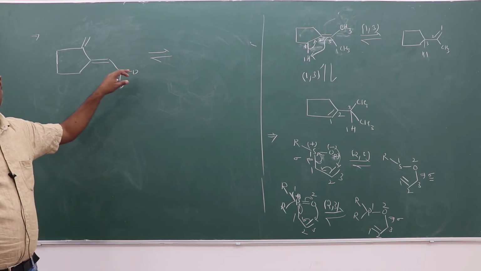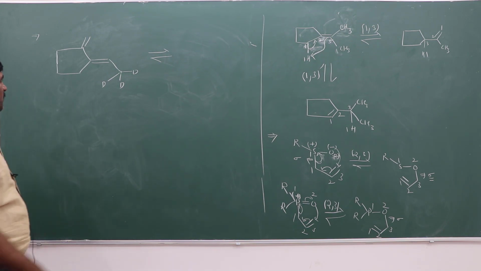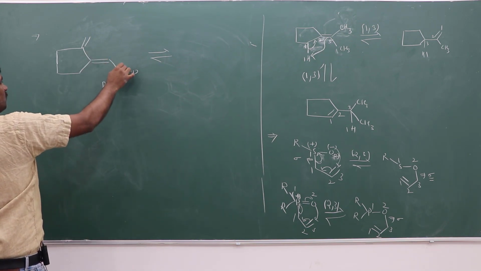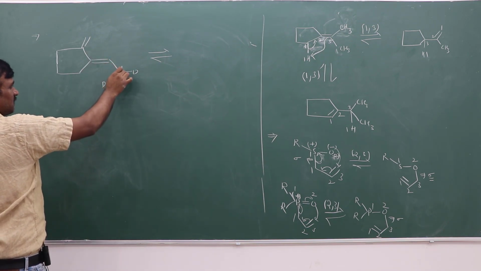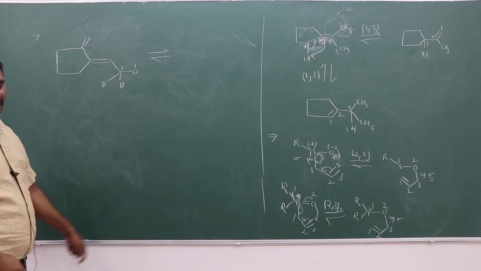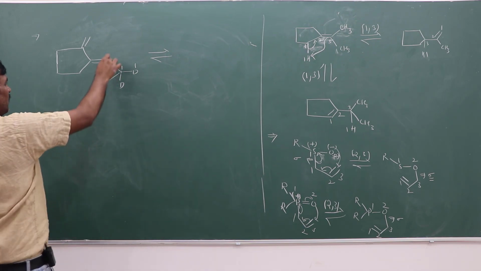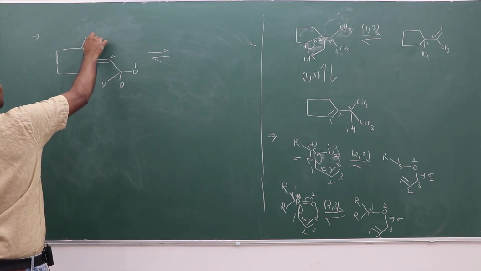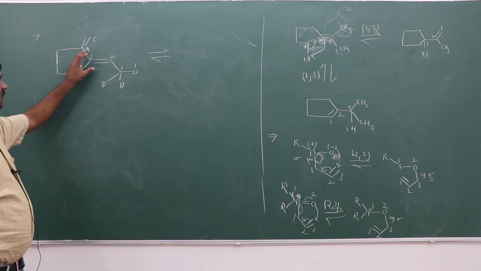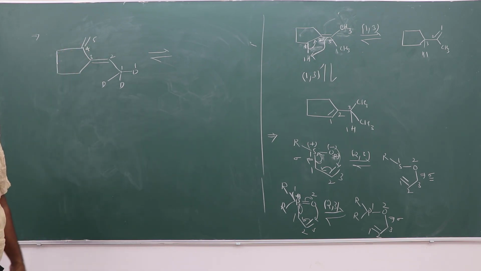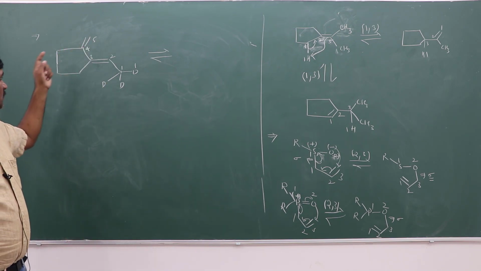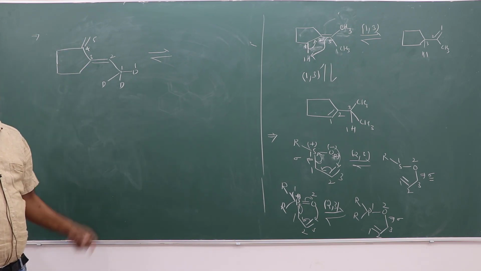Attached groups are there at the saturated position. So if this shift takes place, what will happen? Both ends will be given 1,1 numbering, continuing till the end of the unsaturation. These two are in conjugation, so I can give the numbering till the end of the unsaturation, from the unsaturation point of view only.